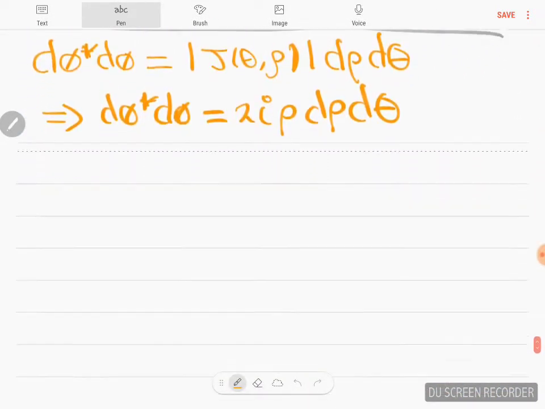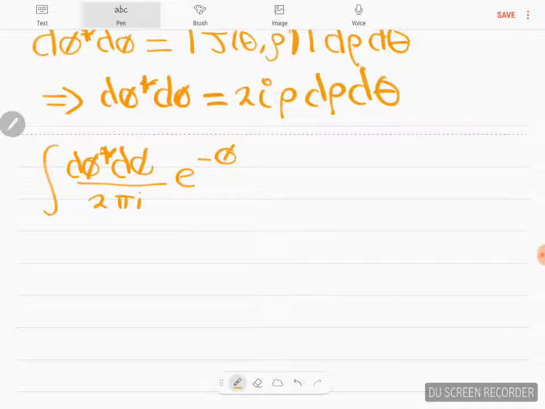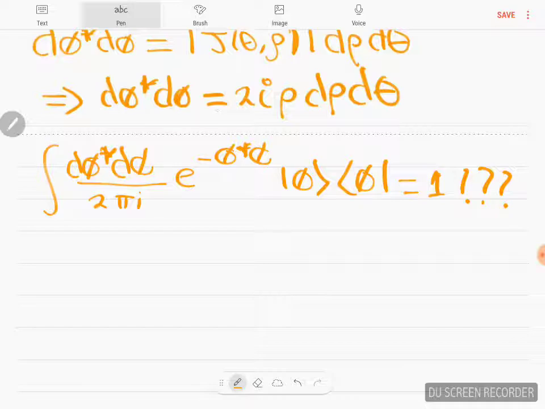What we're interested in from this integral is the unity operator in the coherent state basis, the integral of d phi star d phi over 2 pi i, e to the minus phi star phi, equal to 1. So we don't want to know what d phi star d phi is, but we want to know what d phi star d phi divided by 2 pi i is.